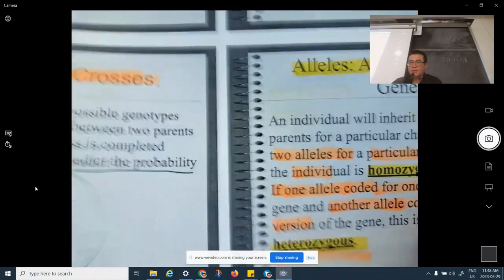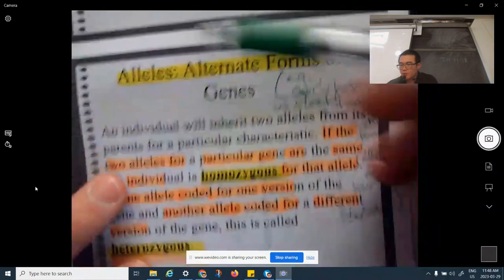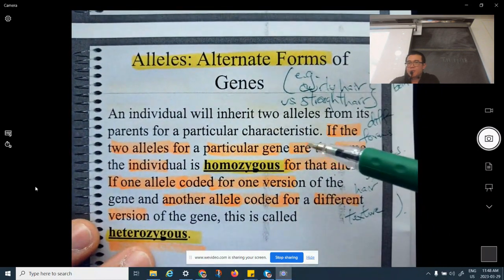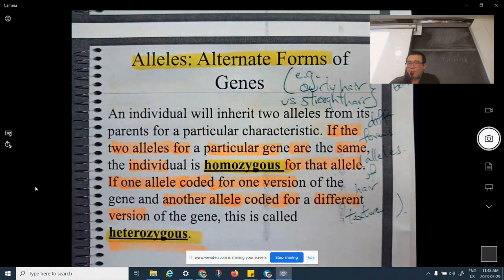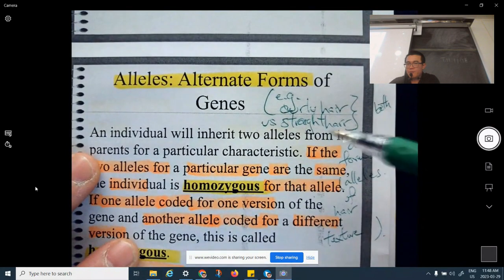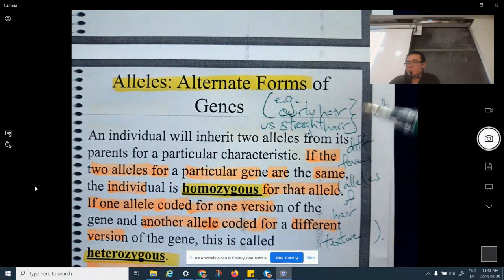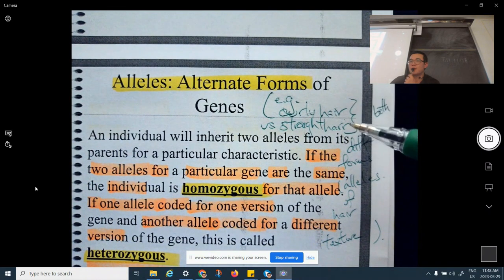Another thing, alleles. This term alleles refers to the different forms of certain traits. A human example would be curly hair or straight hair. They're both different forms of the hair texture gene.